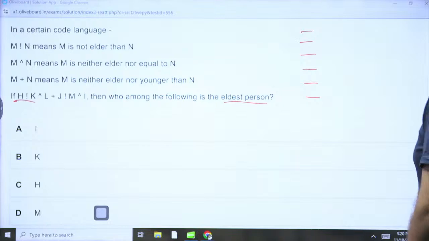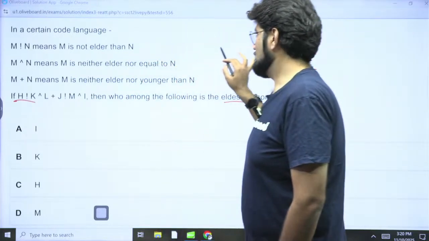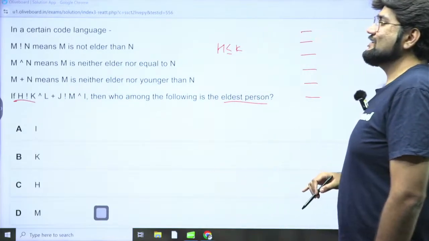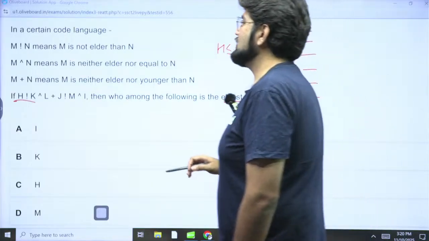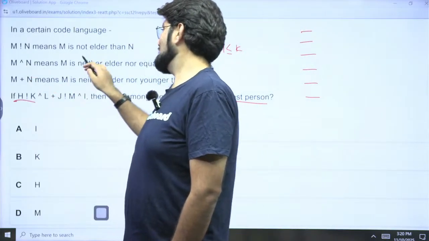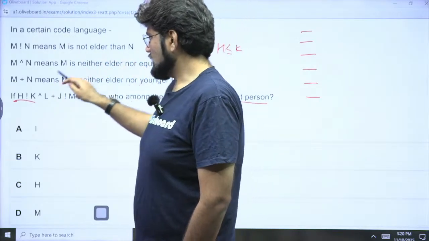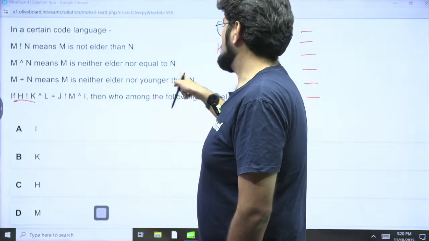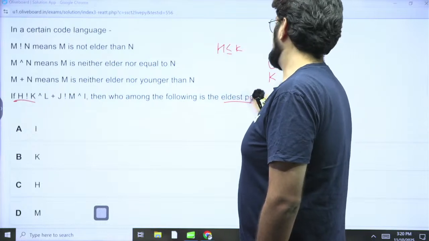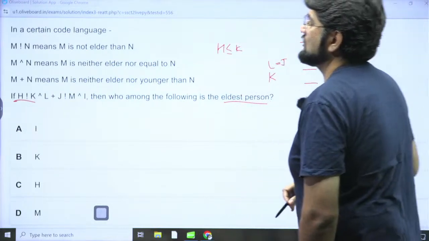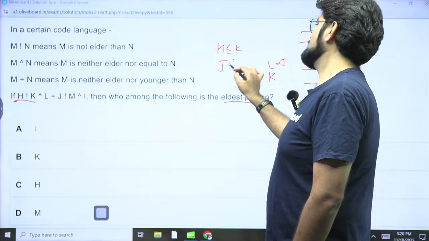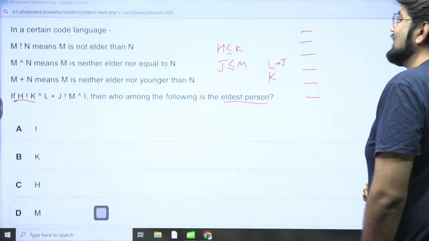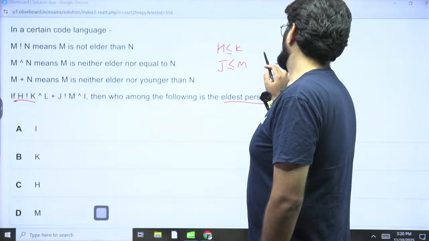Now H exclamation J means H is not elder than K, that means H is less than equal to K. K exclamation L means K is neither elder nor equal, that means K is smaller than L. L plus J means L is neither elder nor younger, so L is equal to J. J exclamation M means J is not elder than M, so J is smaller than equal to M. And M exponent I means M is neither elder nor equal, so M is less than I.